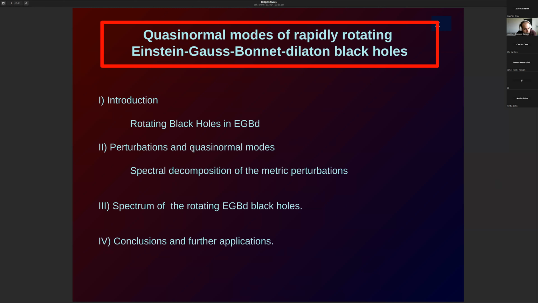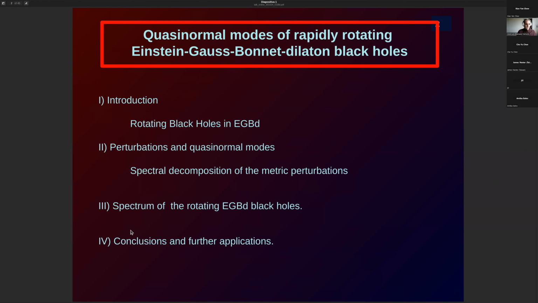With that machinery in place, we will obtain the results, and I will tell you a little bit about the special features we obtain in the spectrum of quasi-normal modes for these black holes. I will finish with some conclusions. If I have time, maybe I can comment a little bit about further applications that you can study with this formalism. Okay, so let's begin from the beginning.